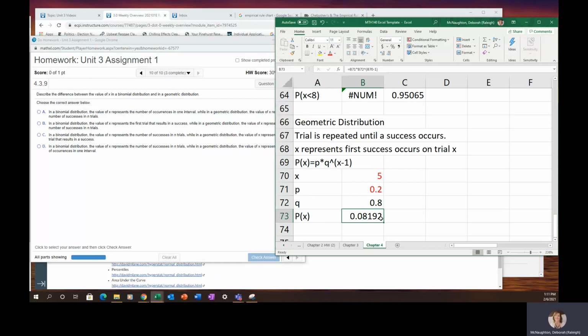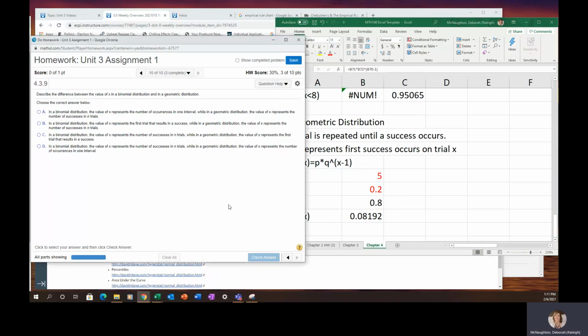But if it asked you, find the probability that X is less than 4, then you would add the probability of 0, or sorry, there is no 0. X starts at 1, so you would add 1, 2, and 3 together. So you would calculate P1, P2, P3, and you would add those together. And if it wanted the probability that X is greater than 4, then you would subtract that probability that you got for X less than or equal to 3 from 1. All right, so you guys are now ready to do numbers 9 and 10.